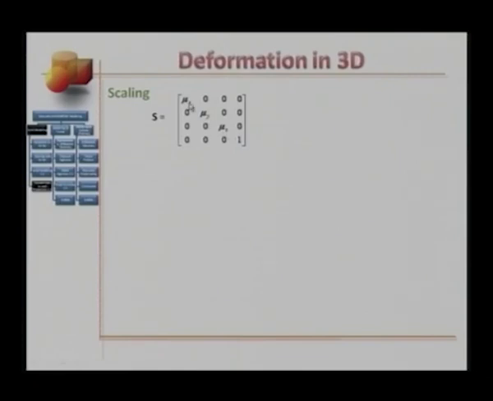These are non-zero values, and this scaling matrix is equivalent to this one, with elements in the first row as 1, 0, 0, 0, 0, 1, 0, 0, 0, 0, 1, 0, and 0, 0, 0, S. This equivalence happens under special circumstances.